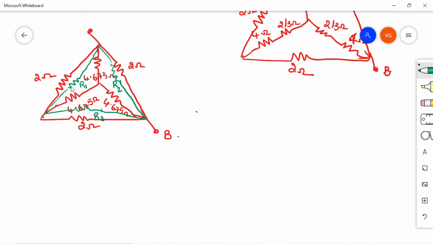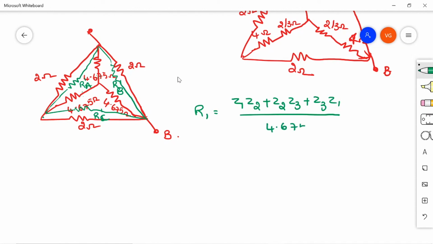When you are following star to delta, R1 has the numerator as the sum of the products of the resistances taken two at a time, that will be Z1 Z2 plus Z2 Z3 plus Z3 Z1, divided by the opposite resistance lying to R1 or RA. Without getting confused, you just check them as RA, RB, RC. Then opposite to RA, what is that resistance? 4.675, that you take.